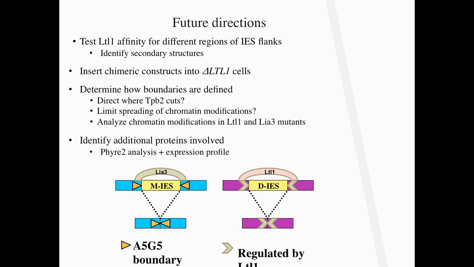Those were probably the IESs that spread and became IESs, and there's probably a handful of IESs that really have derived the bulk of the IESs in tetrahymena. Or once you originally get these, you can then insert more insertions into the IESs that are there. And that's maybe why we're seeing that aberrant elimination, or the altered elimination boundaries, the precise ones in the LTL1 mutant. So that wasn't a very articulate way of saying it.